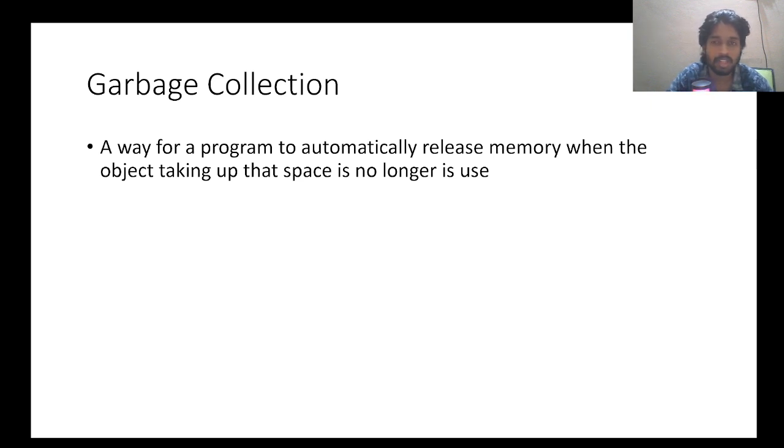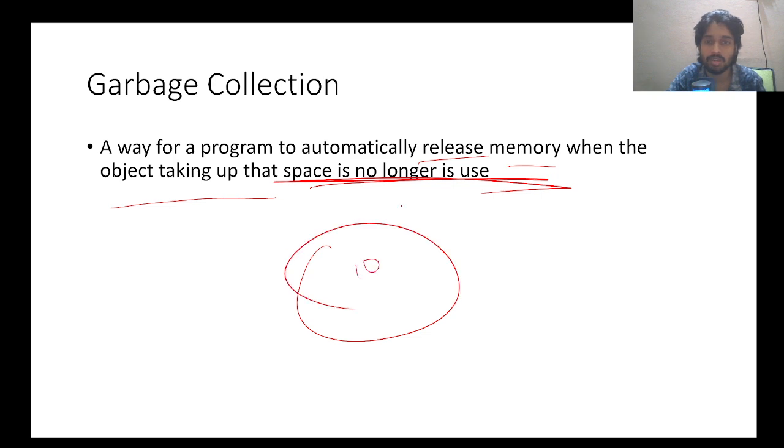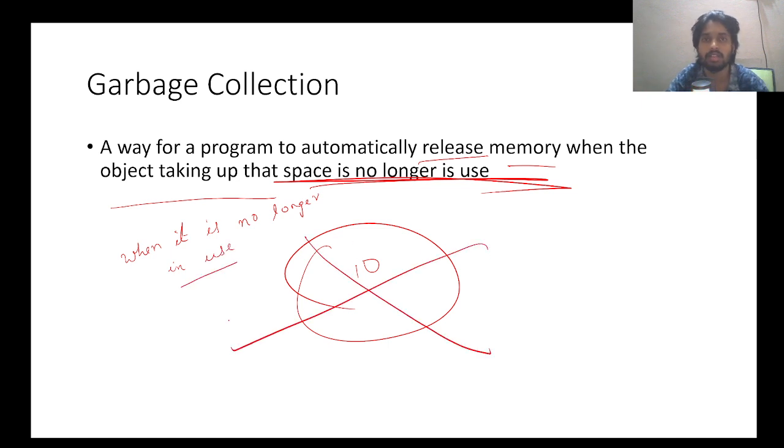So we will see how it happens. It is a way for a program to automatically release the memory when the object taking up that space is no longer in use. When it is no longer in use, the object will get deleted from the memory.